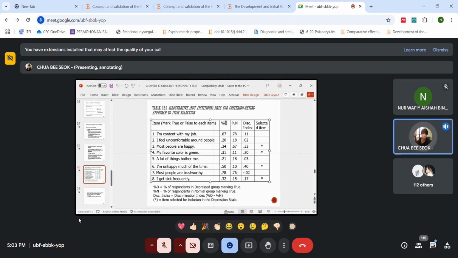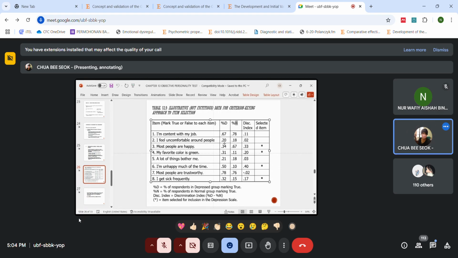Item 2 says, I feel uncomfortable around people. In the depression group, 20% agree, and in the normal group, 18% agree. So it is almost the same, which means this item cannot differentiate the two groups, and also cannot measure.